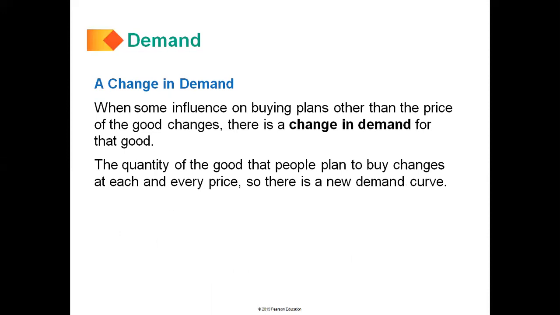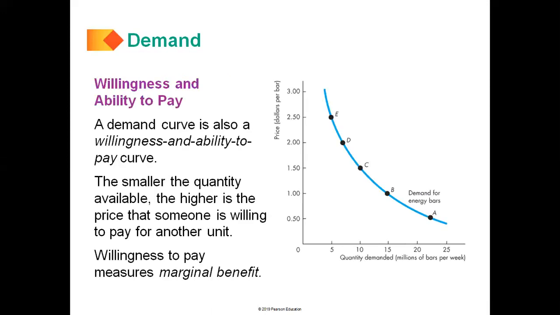I want to go back because, for example, here they're jumping from 5 million bars per week at a time. But from C to B, for example, you see the marginal benefit dropping 50 cents per bar between, let's just say this was 10 and 15 instead of 10 million and 15 million.